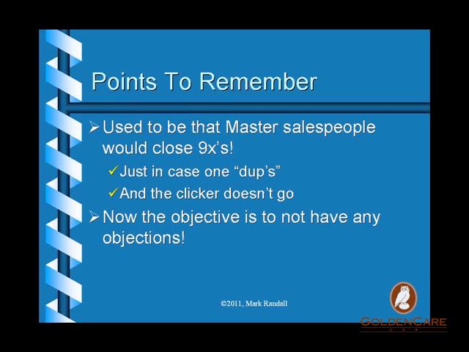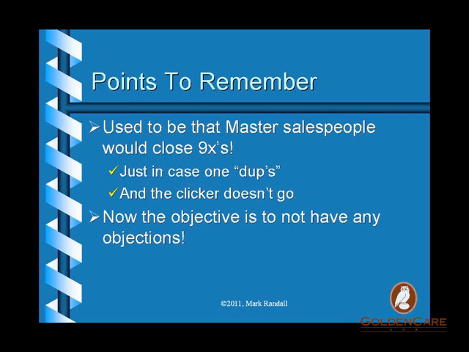Always remember, if you want to be a true master salesperson, you're always going to make sure that you close nine times, just in case you duff one of the closes and that clicker doesn't go off. However, today, most sales trainers train that your real objective in the presentation is to eliminate the objections you're going to see at the end of the presentation.